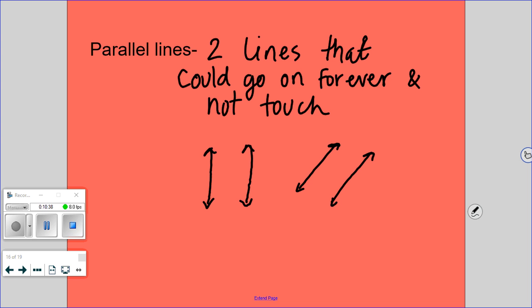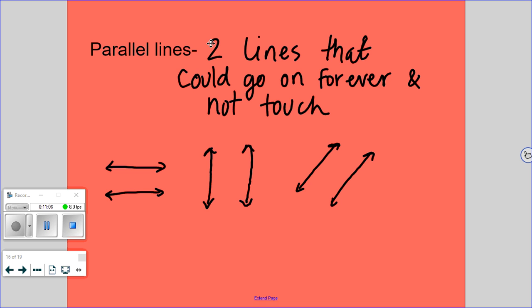What about like this? Are those parallel? Yes, if they go on forever and ever and ever, my arms would not touch. So having horizontal lines. All of those are examples of parallel sides.